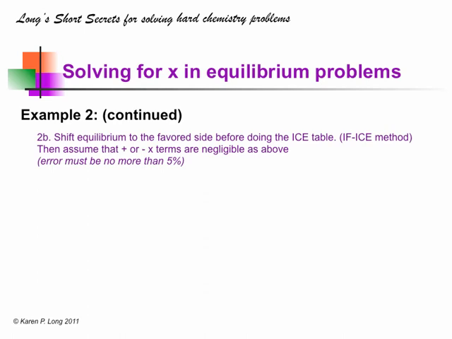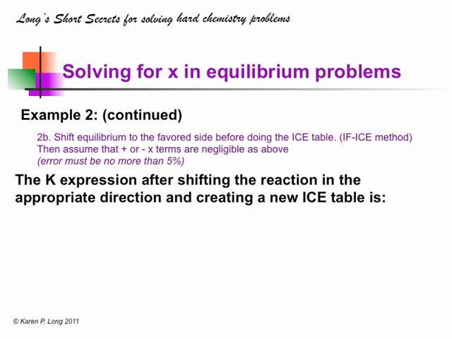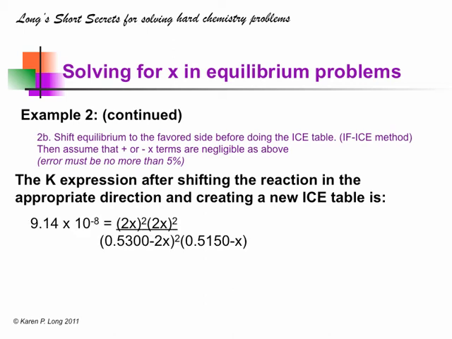We do the first part of it, shifting the equilibrium, put in the new ICE table. The K after shifting the equilibrium and creating the new ICE table, the expression for K is as shown here. Now I didn't show you where this came from, but just let's grant me that this is what it is.